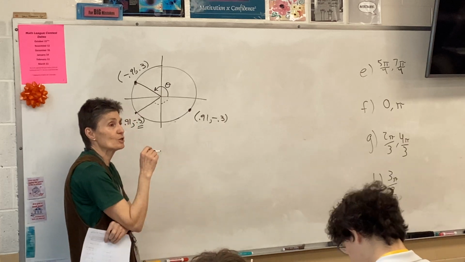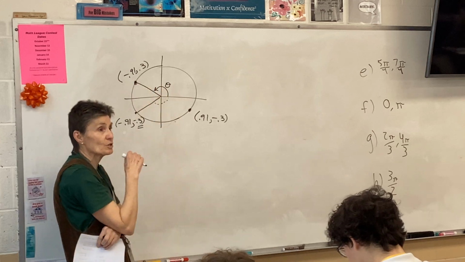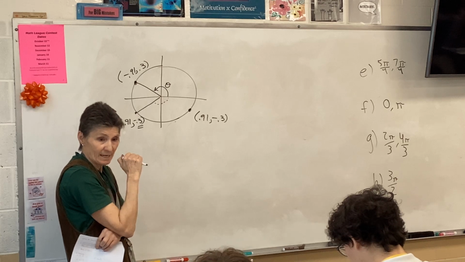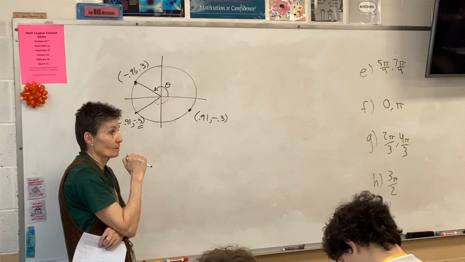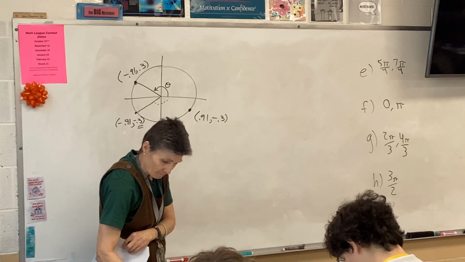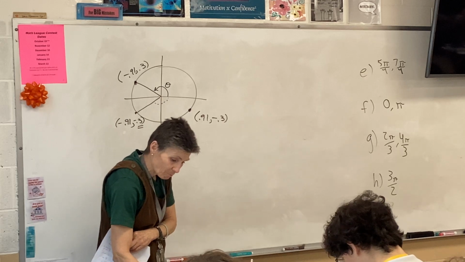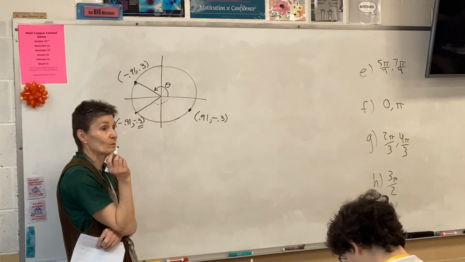How about tangent theta? We're going back to the original angle. What will tangent theta be? 0.3 divided by negative 0.91? Whatever that is. Negative 0.330, basically.